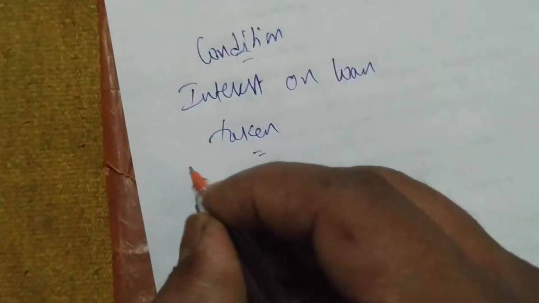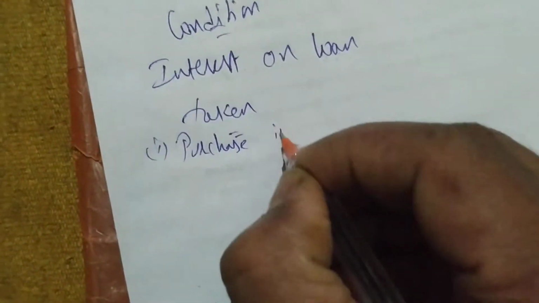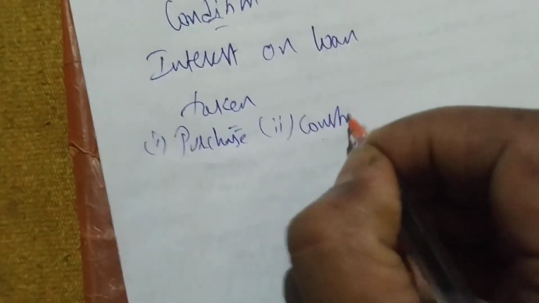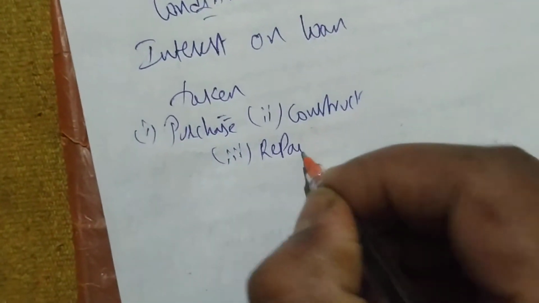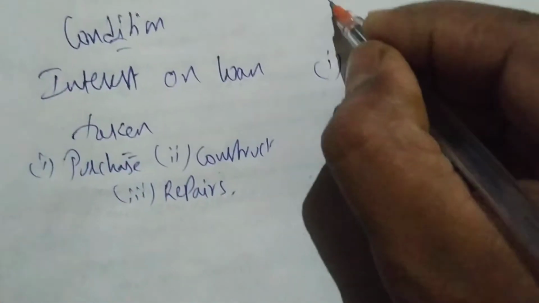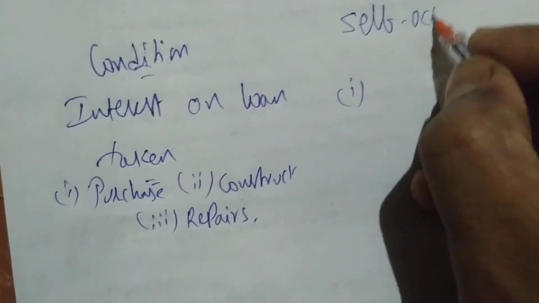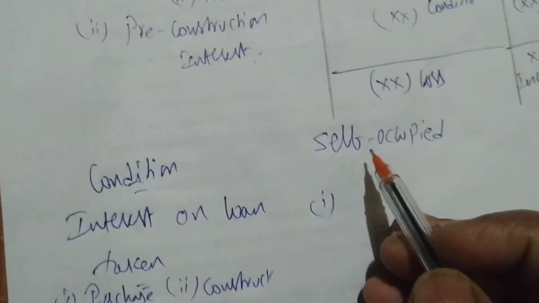Why is it taken? Either to purchase or to construct or repairs. Okay, so first condition: this is for self-occupied property. And we are saying there is no condition for let-out. No need of understanding let-out. We'll understand first for self-occupied.